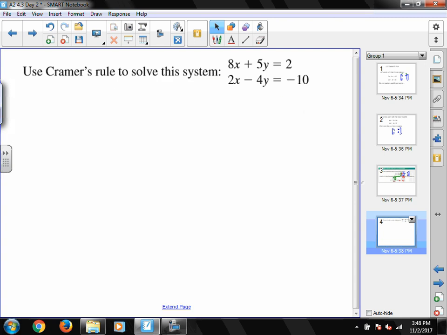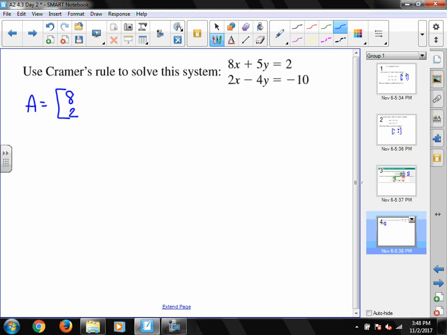If we're going to use Cramer's rule to solve the system, the first thing you need to do is set up your coefficient matrix A. My coefficients of x, 8 and 2. My coefficients of y, 5 and negative 4. Now, it might be useful for us to calculate the determinant of A right away.